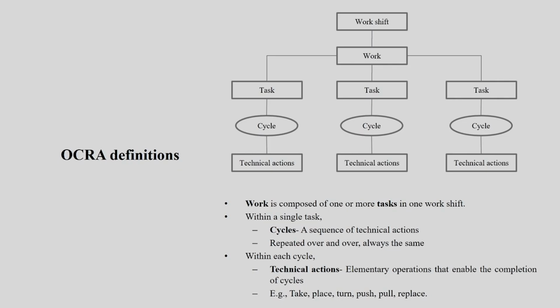So these are the technical elements. Maybe when we studied task analysis and motion analysis, there we also had therbligs, right? Those types of small actions, here we don't call them therbligs, which is a terminology for task analysis, time study and motion study, whereas here we will be calling them technical actions.